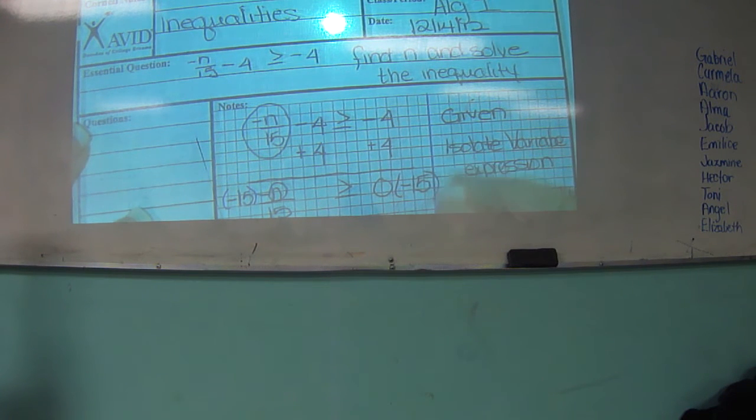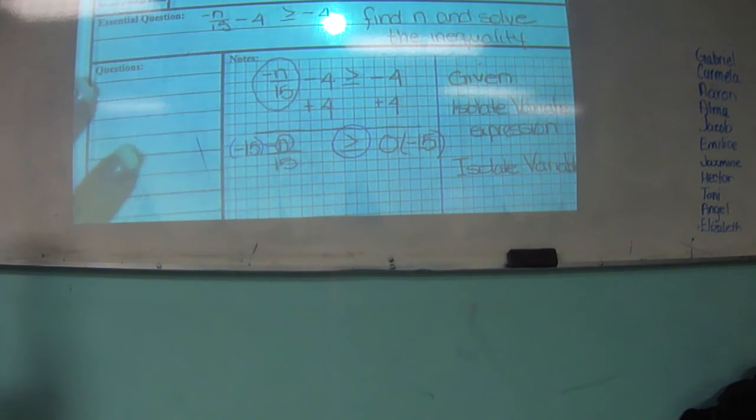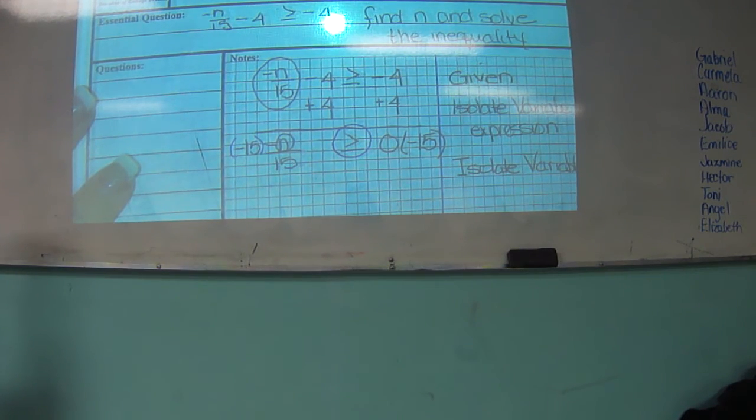Did we just multiply or divide by a negative? So what do we have to do? Flip the sign. Good. Don't forget to flip the sign. And why did we do that? Because it was a negative, and so instead of being a negative n, we now went over to the other side of the number line.